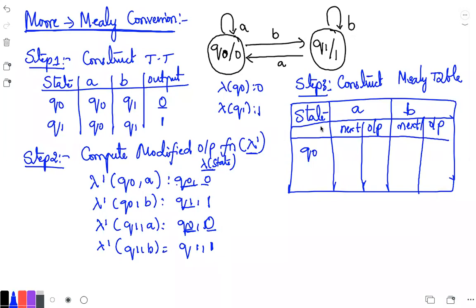So Q0 on A, the next state is Q0. The output you are getting is 0. The same way, Q0 on B, the next state is Q1, output 1.